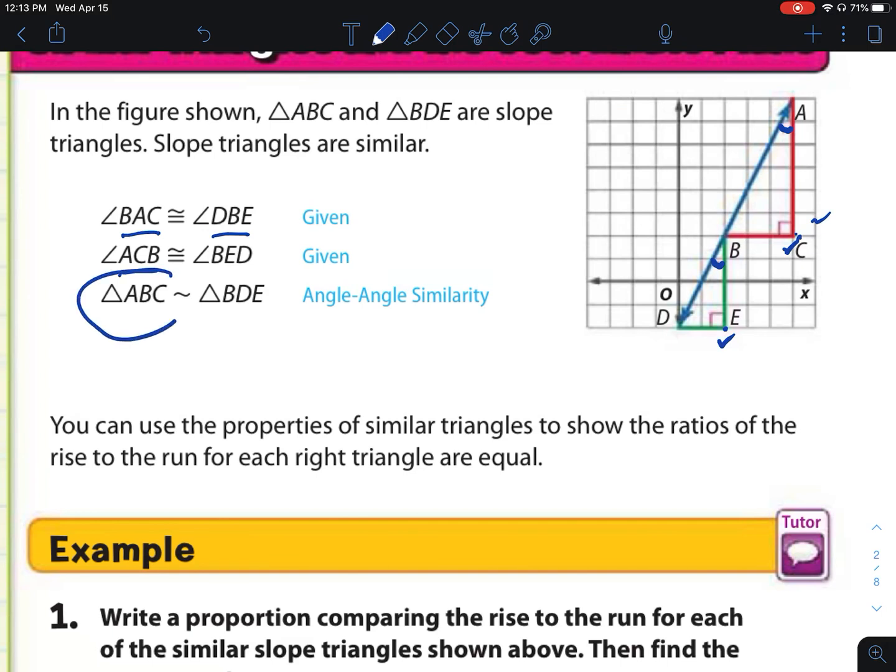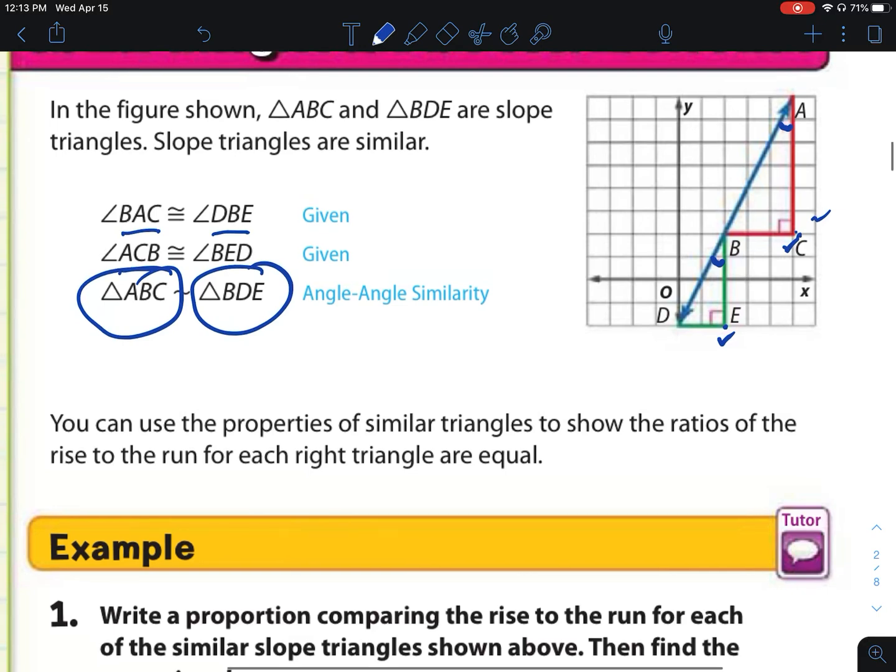Therefore, triangle ABC is similar to triangle BDE. So what this means is simply that the corresponding sides of both triangles are proportional.